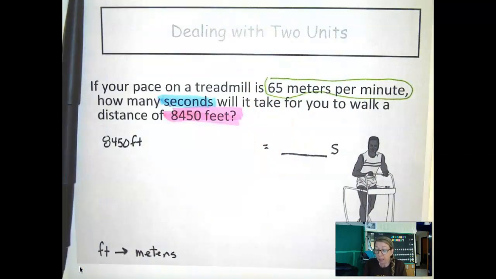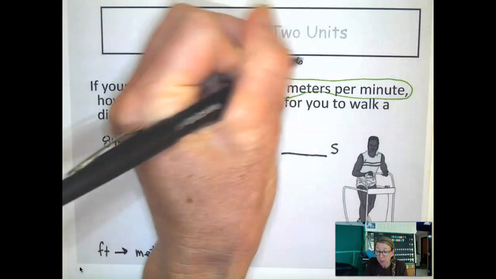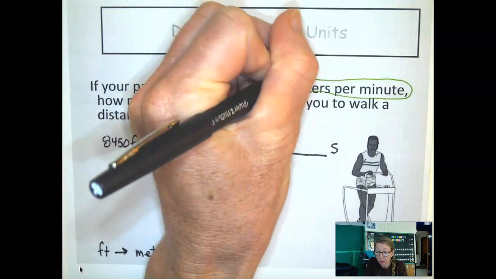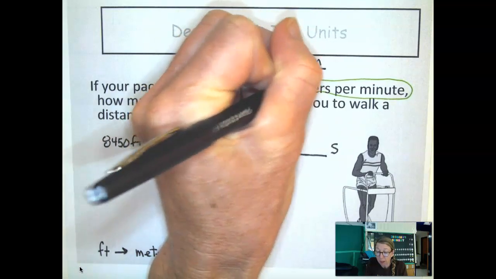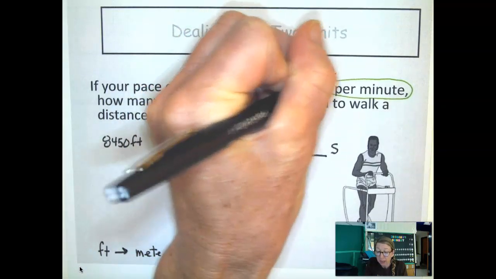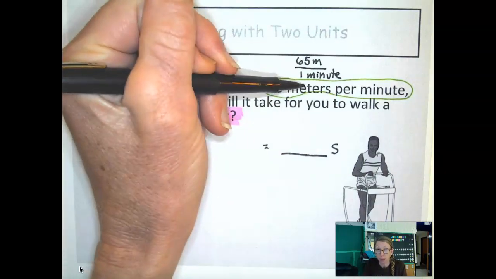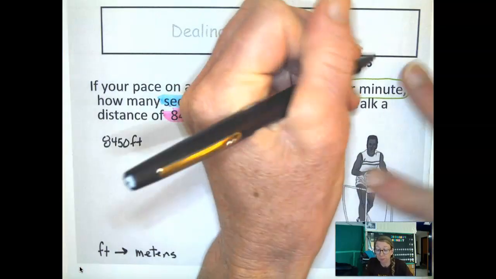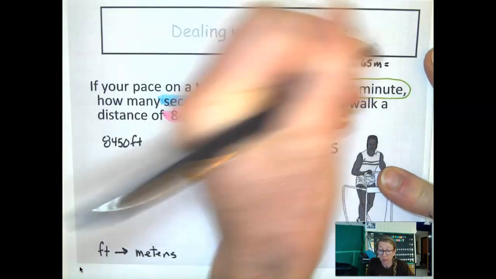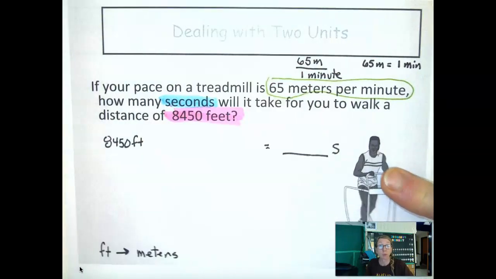Per is a ratio. This means that we will walk 65 meters in 1 minute. That is an equality. So if you walk 65 meters, that equals 1 minute in this problem.